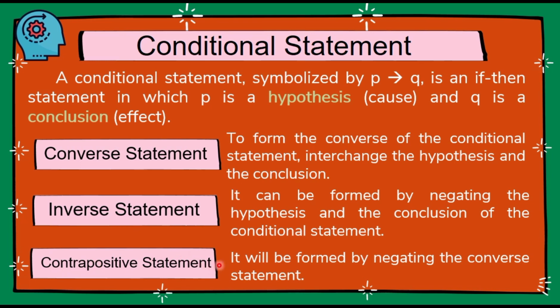To form the converse, interchange the hypothesis and the conclusion. The inverse statement is formed by negating the hypothesis and the conclusion of the conditional statement. Lastly, the contrapositive statement is formed by negating the converse statement.